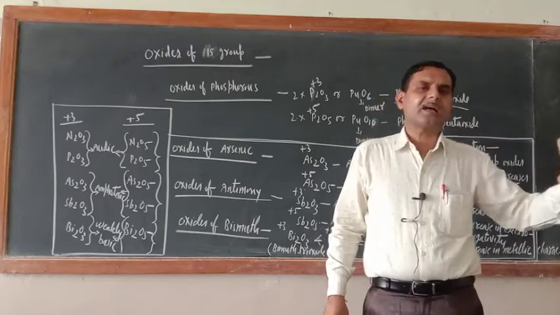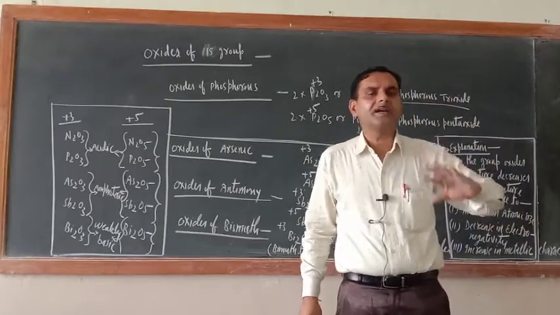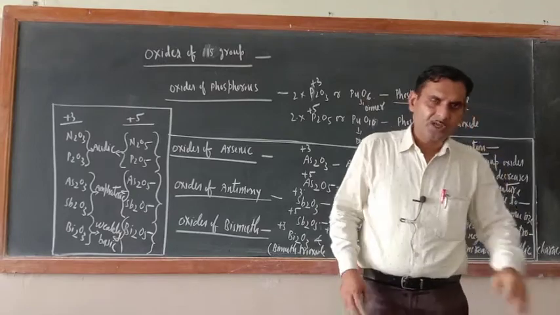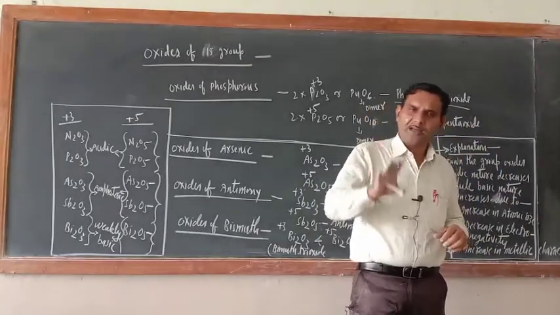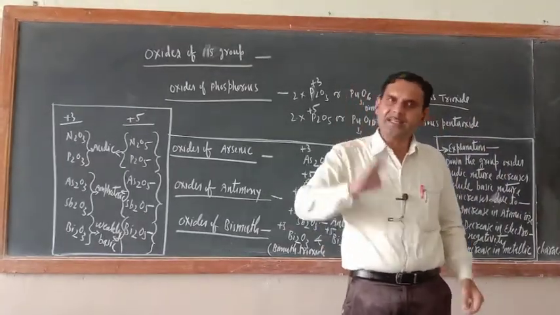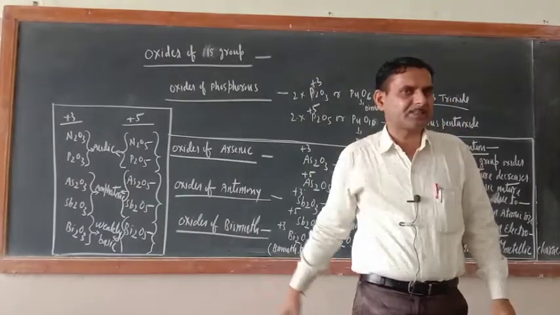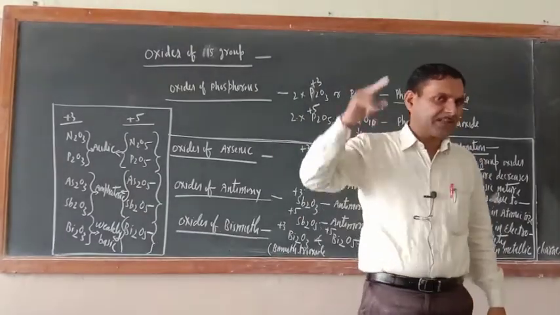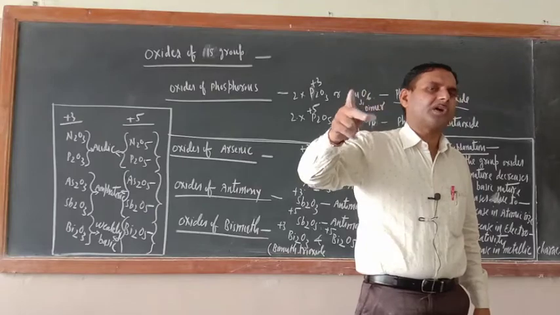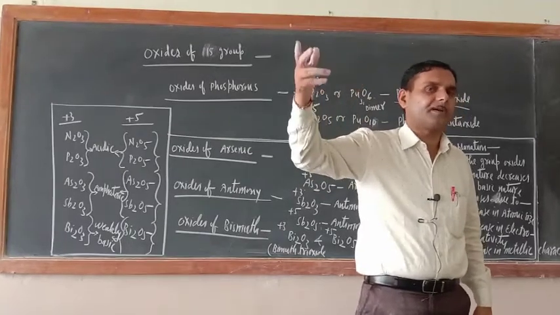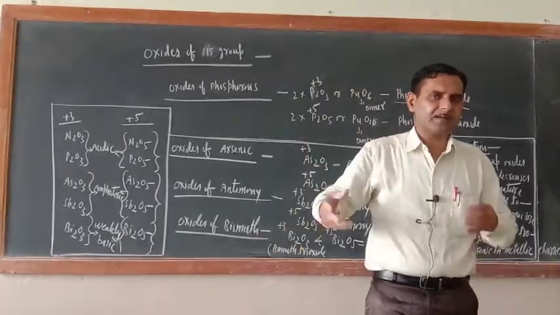Some exceptions are there, those exceptions I told you. Now there is one more factor which determines the acidic and basic nature of these oxides. That is, when these oxides react with water, what kind of acid is formed. I will explain that factor also.